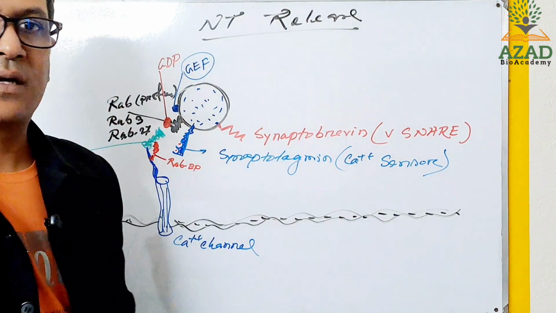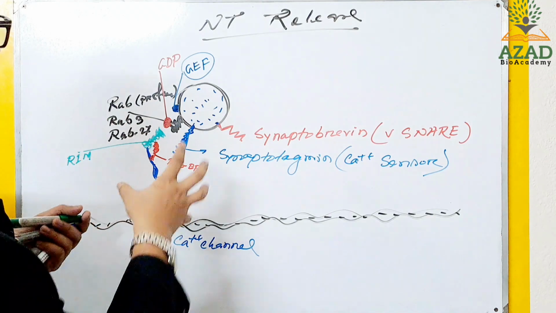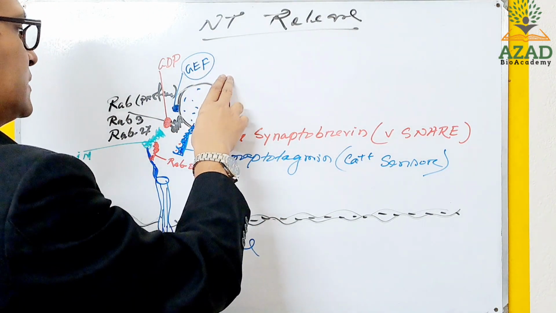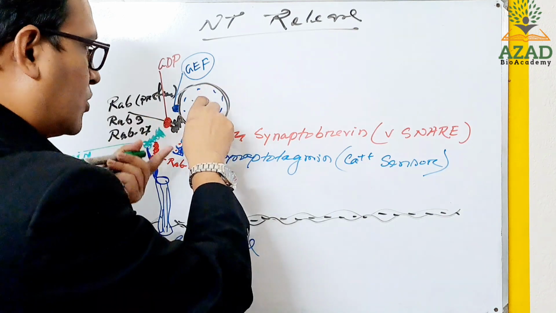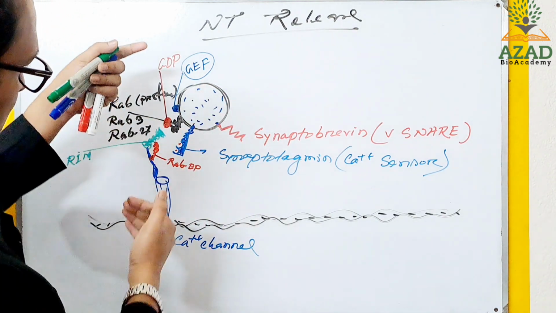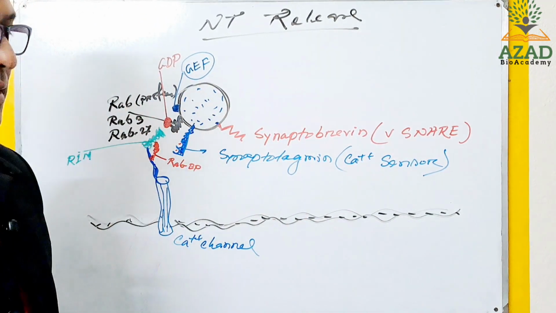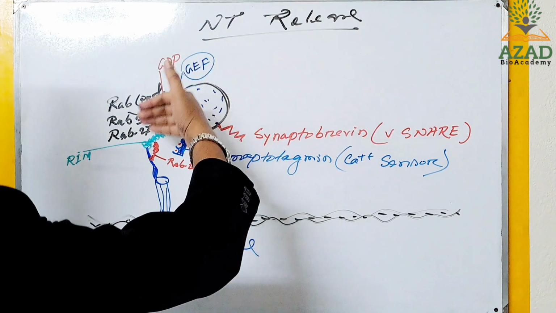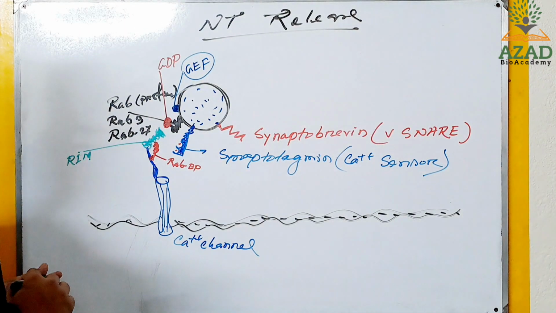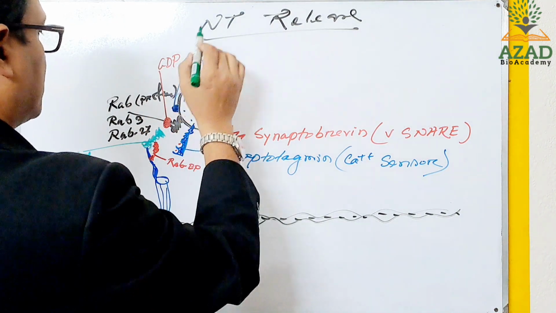So when the nerve gets a signal, the neurotransmitter vesicle, that is the synaptic vesicle, will get the signal, and it will be already loaded and matured, just remaining adjacent to the active zone. When it is activated by actin cytoskeleton or other molecules, then the GEF protein will be activated.